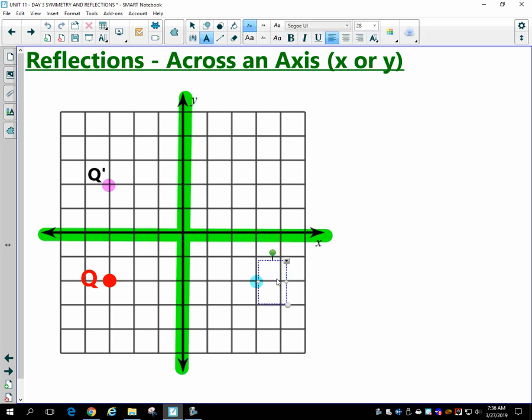And I'll call this one Q double prime because I already have a Q prime on my picture. So if I were to reflect a point more than once, I'd want to give it another prime. It's really just like an apostrophe right there. And again, it looks like if I were to fold this over this y-axis, Q would land right on top of Q double prime.